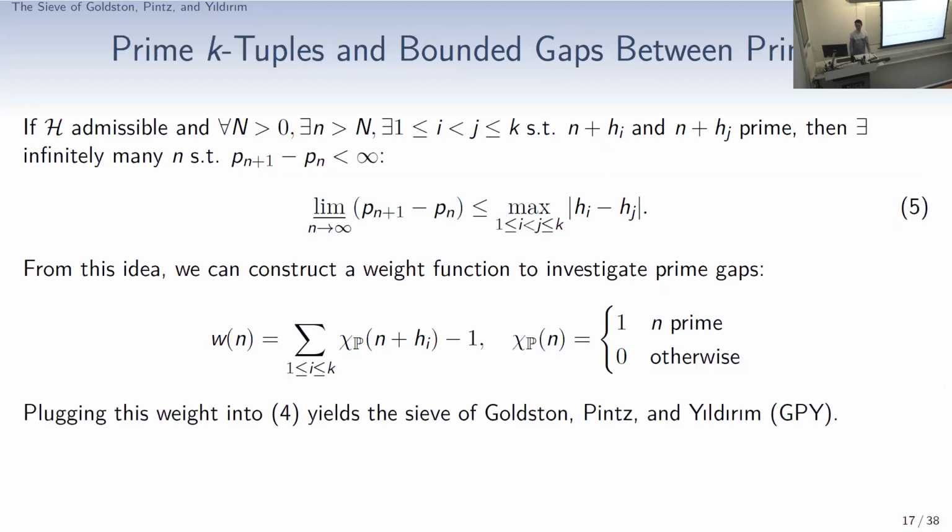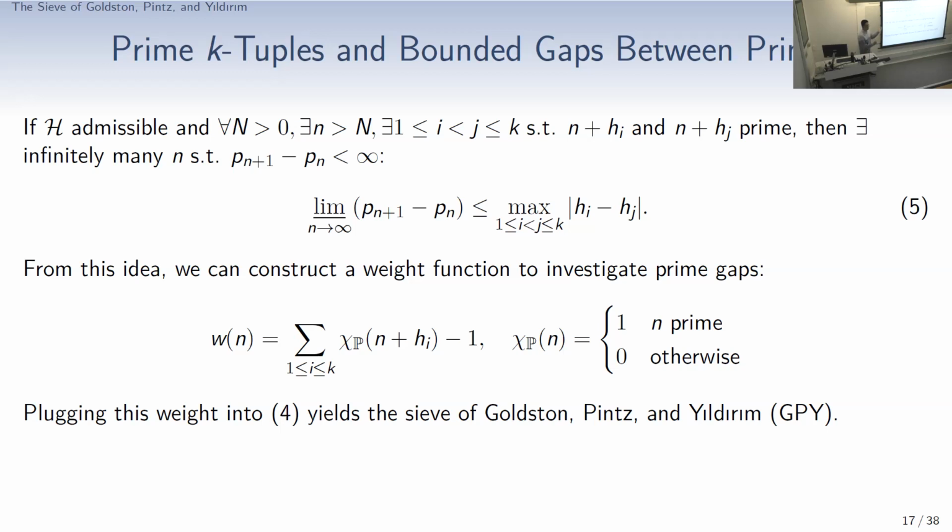GPY's motivation actually came from this prime k-tuples conjecture. Current technology doesn't allow us to prove the conjecture itself. However, it is possible that if we choose some fixed admissible H, we can find infinitely many integers n such that we can find two numbers i and j such that n plus hi and n plus hj are prime numbers.